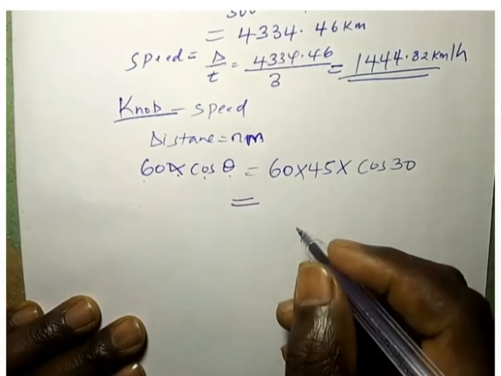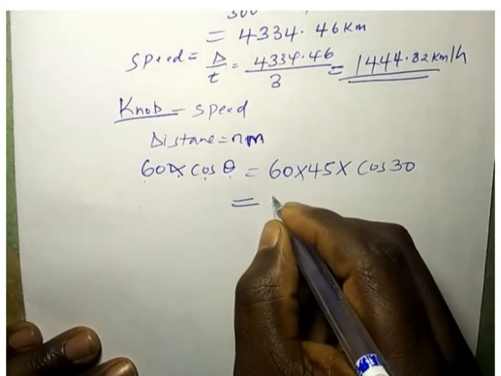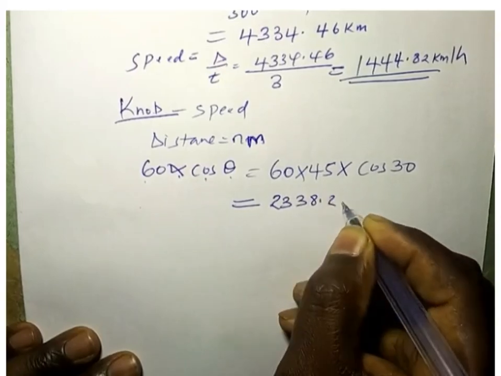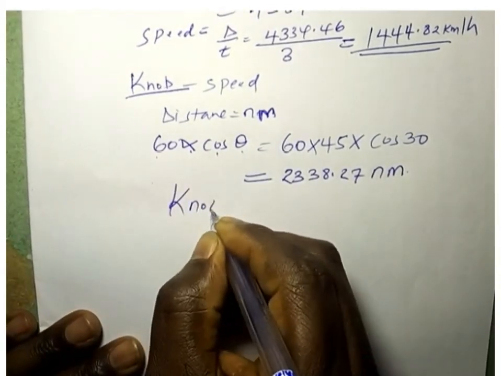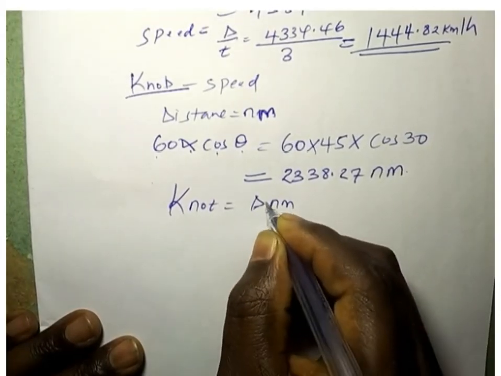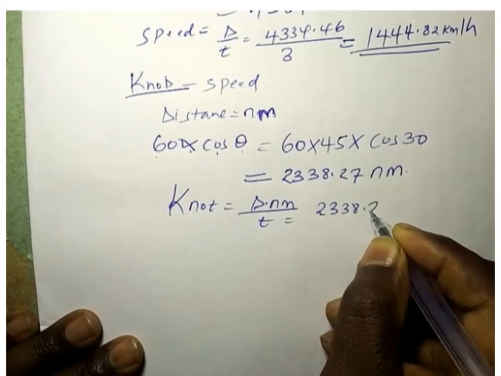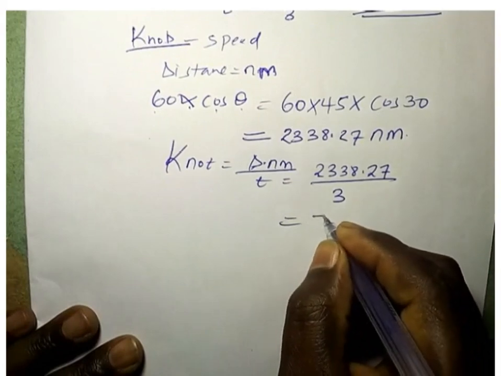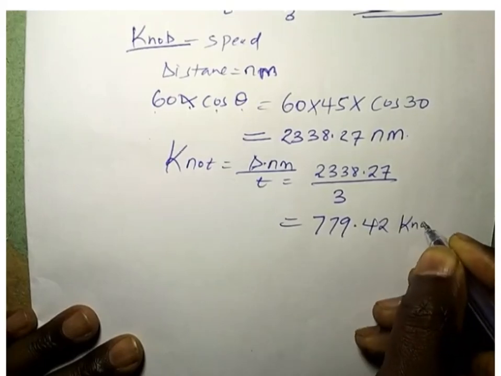And this one gives us 2338.27 nautical miles. So speed in knots is equal to distance in nautical miles divided by time, and that one is 2338.27. We divide by 3 hours, and this one will give us 779.42 knots.